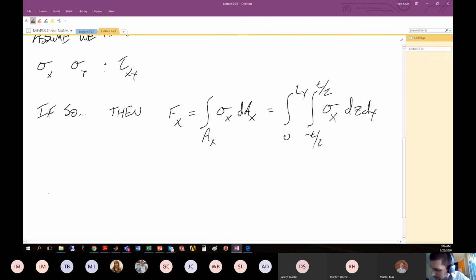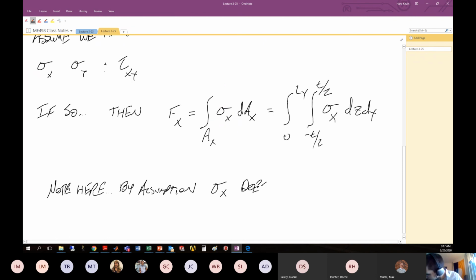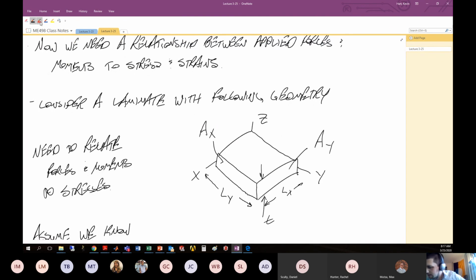Note here that by assumption, our stress distribution on X does not vary with Y. What I mean by that is that as I move in the Y direction on this face, my stress in X is not changing.